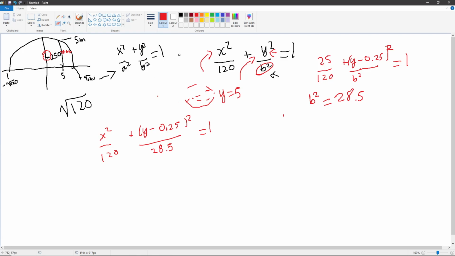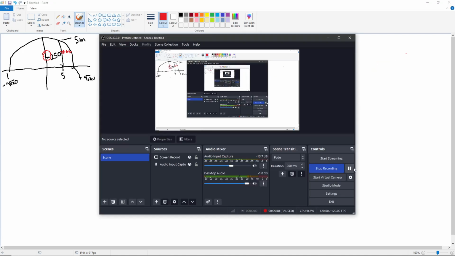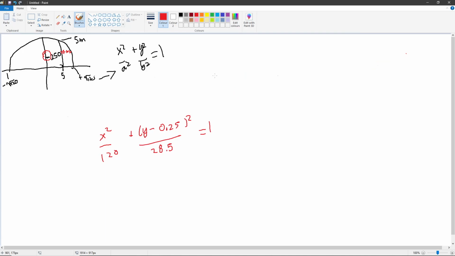I suck at using this thing if you haven't guessed by now. But if I rub all of that out, I'm just going to pause and get back one side. Okay, we're back, and magically, it's all gone.